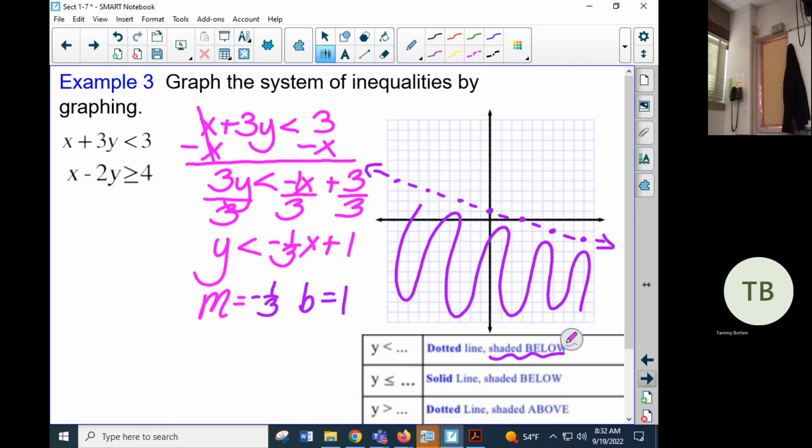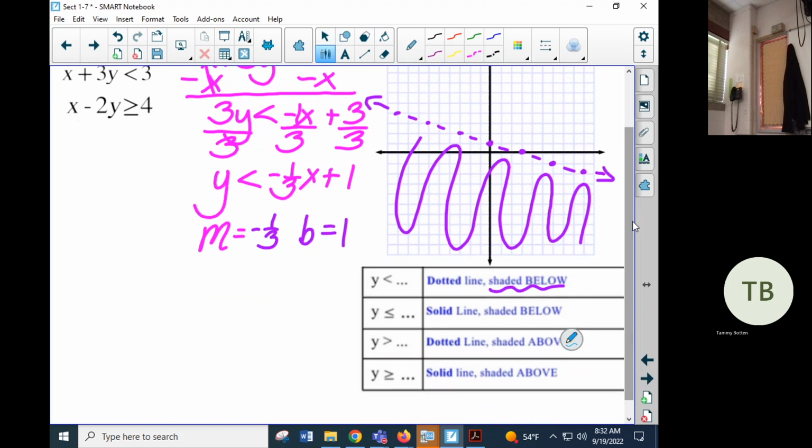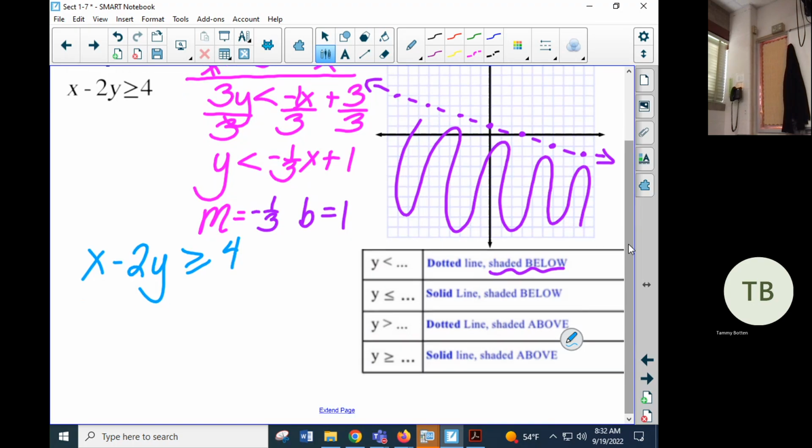Okay. Then if I go and do a different one, I have x minus 2y is greater than or equal to 4. And I'm trying to solve for y. So if I want to take this whole x term and move it over, we assume it's positive. So to get it over, we're going to subtract x.